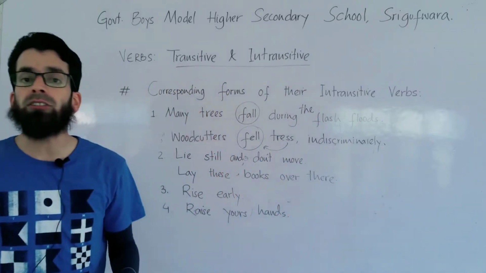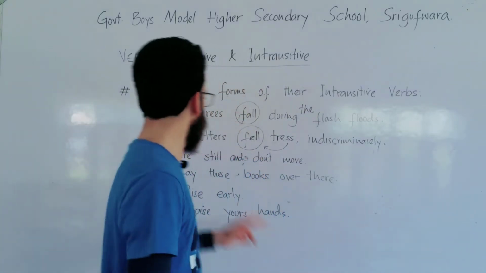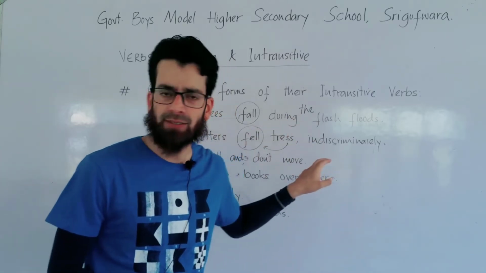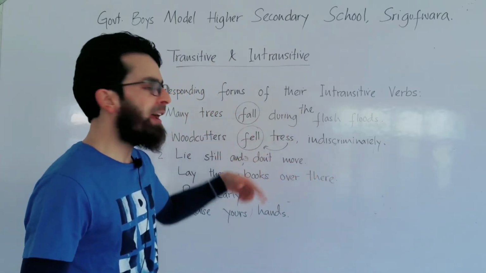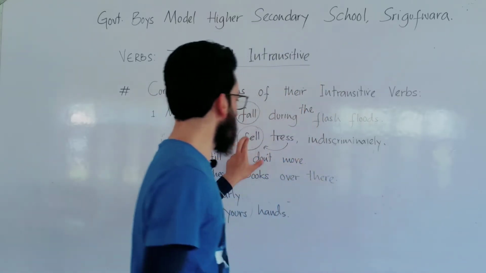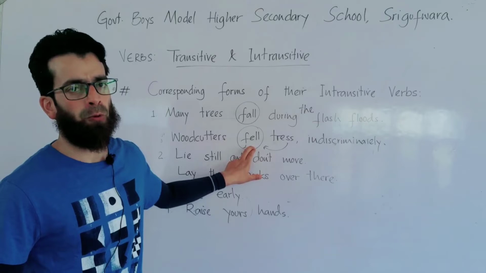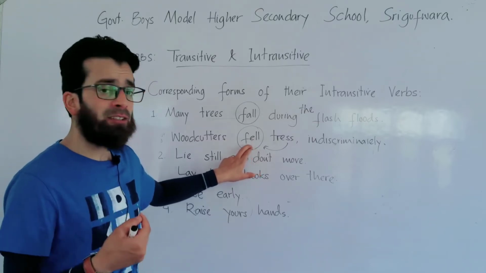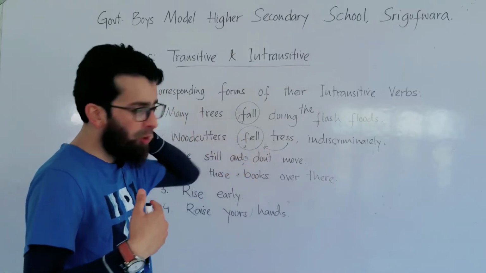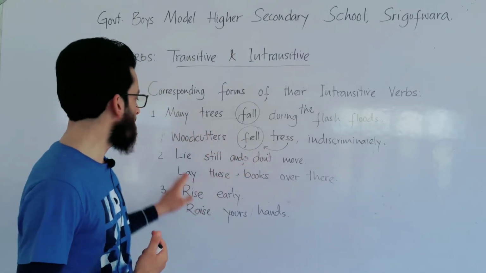Fell means to cut down the trees. Woodcutters fell trees indiscriminately. In the second sentence, this fell is used transitively, and it is a transitive verb which is a causative form of the corresponding intransitive verb.